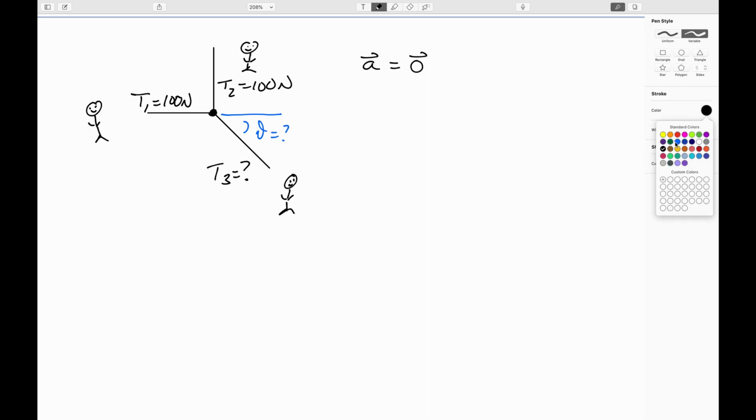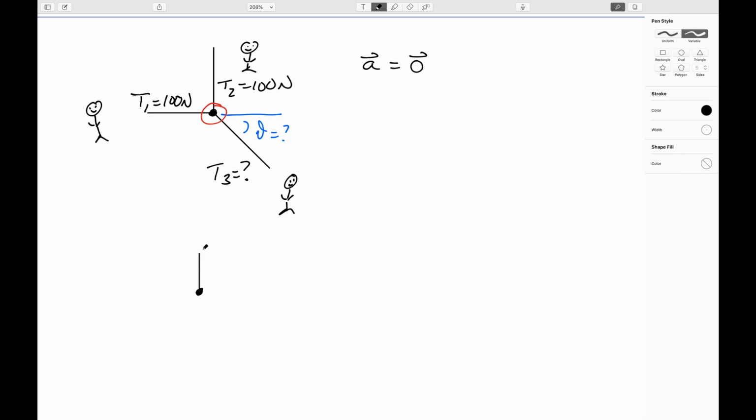So let's go ahead and analyze the ring here. So we go ahead and we do a force identification diagram. We see T1 to the left, T2, T3. That's it. Just contact forces. All right. Let's go ahead and draw the corresponding free body diagram.